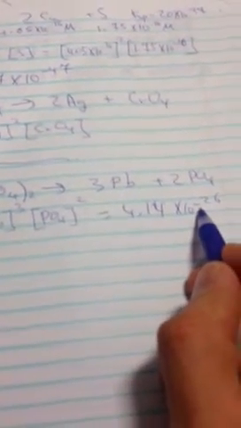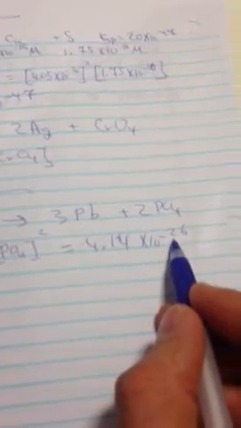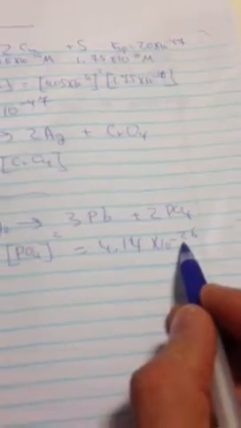So since this is a larger number, it's going to move to the left, so it's going to precipitate as well. So that one doesn't actually work either. It's too large. The number is larger, so it's going to move to the left. So I assume that this has to be the final one.